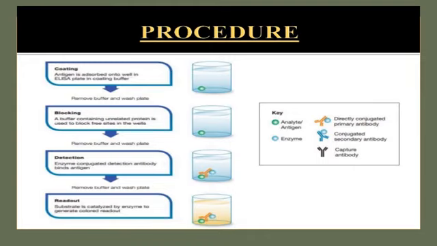Then after the incubation period is finished, we will remove the buffer and wash the plate. We also use certain buffers for washing, and we can wash 2 times or 3 times.